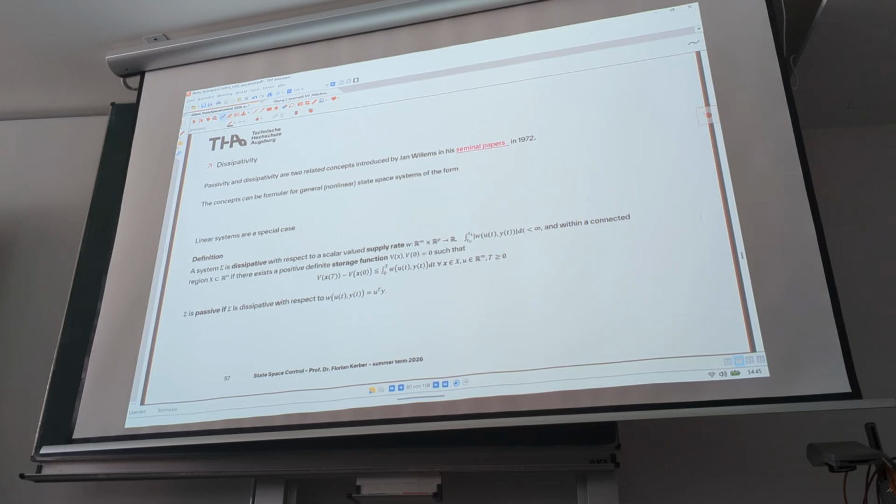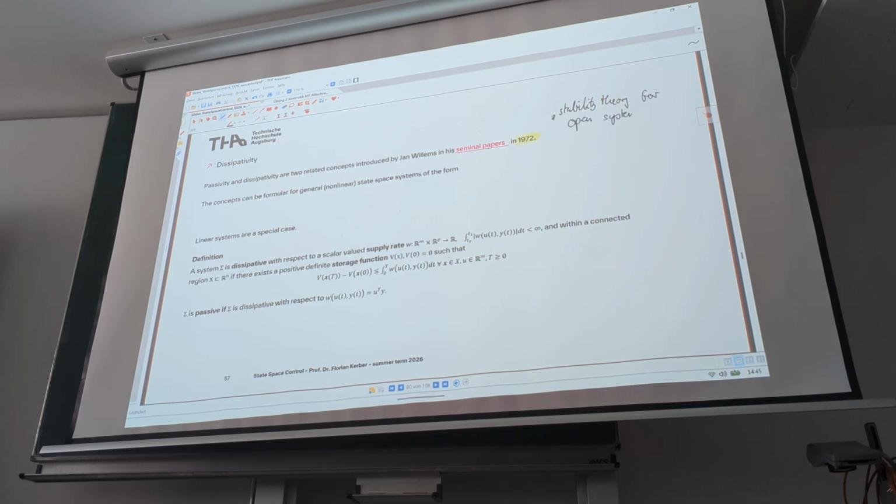You can see that this is roughly 50 years old, and was introduced by Jan Willems as a concept, and has proven very important throughout. So the main thing is, this is kind of, in inverted commas, a stability theory for open systems.